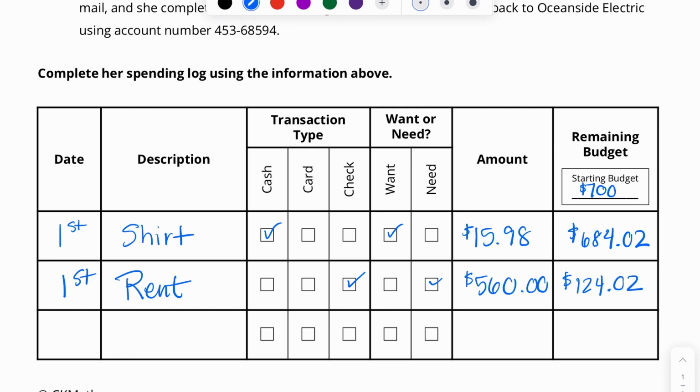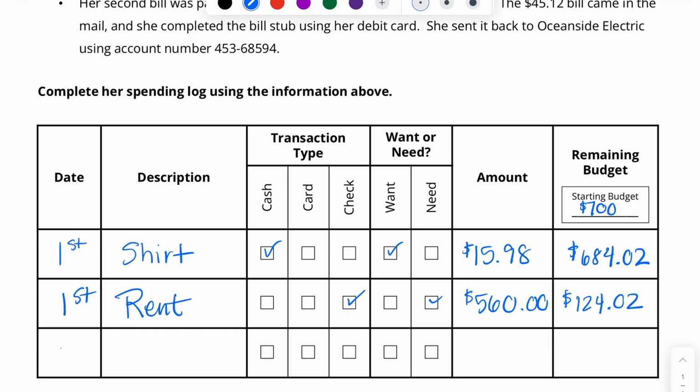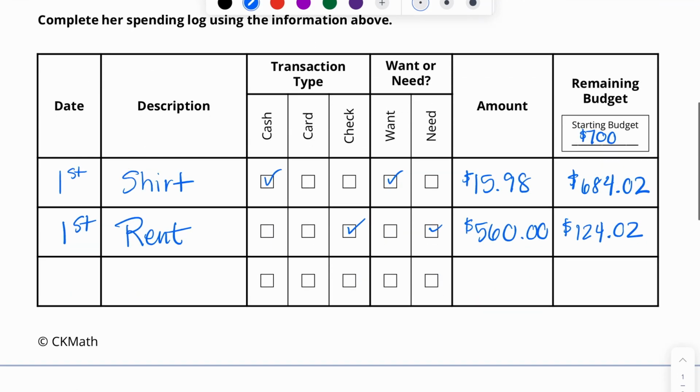Okay, and then last one, it says she paid her electric bill on the 2nd for $45.12. So let's see, I'm going to move this up a bit. On the 2nd, her electric bill. And it said that she used her debit card. That would be a need.